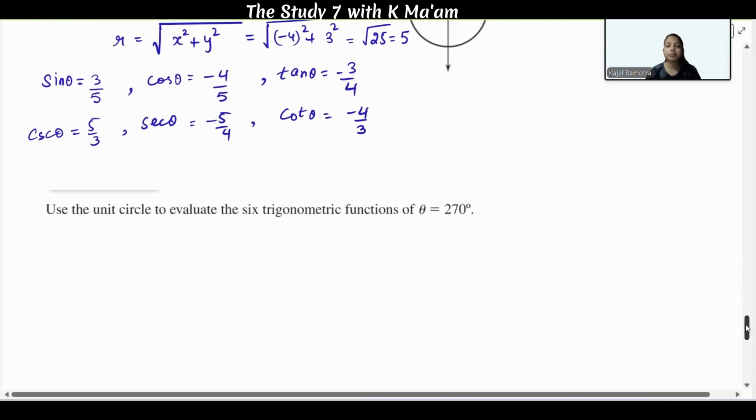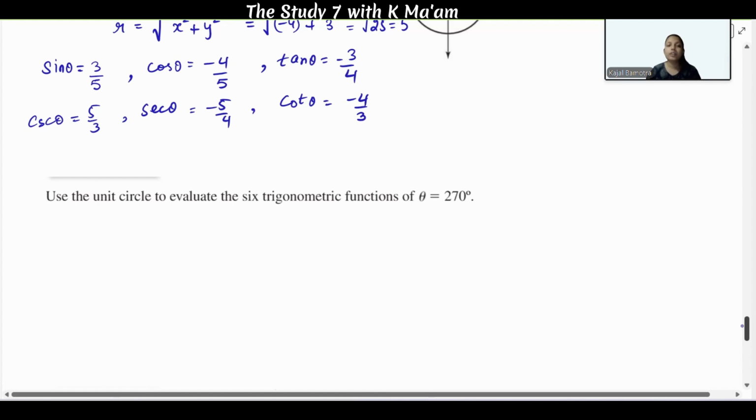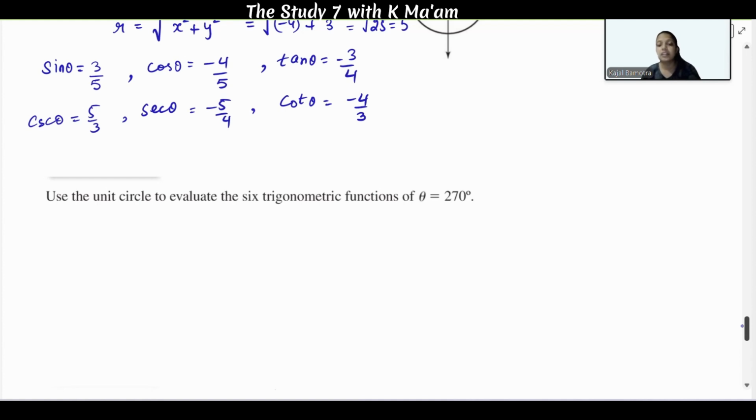Okay. Use the unit circle to evaluate the six trigonometric functions of theta equal to 270 degrees. So we have to calculate sine of 270 degrees, cos of 270 degrees, and all the remaining ones. Where is the angle 270? Start from here and it moves up to this.